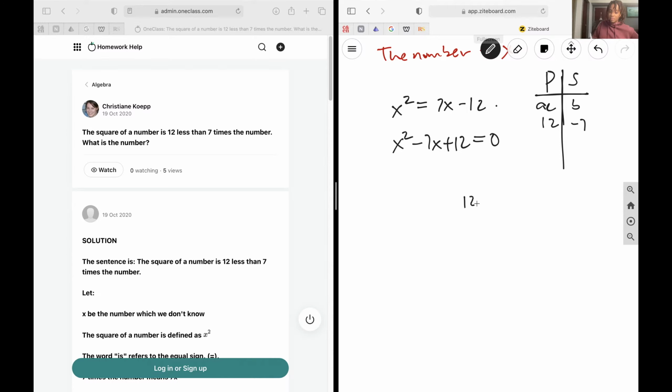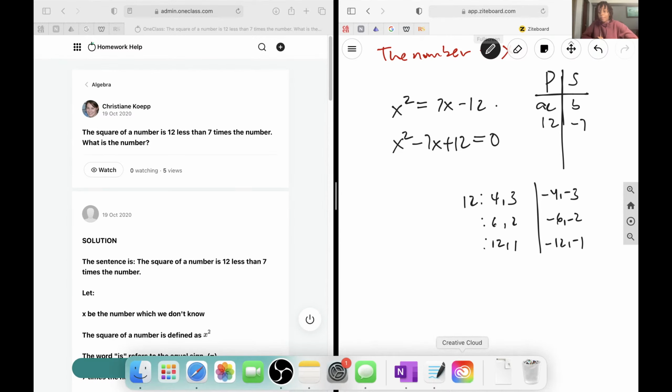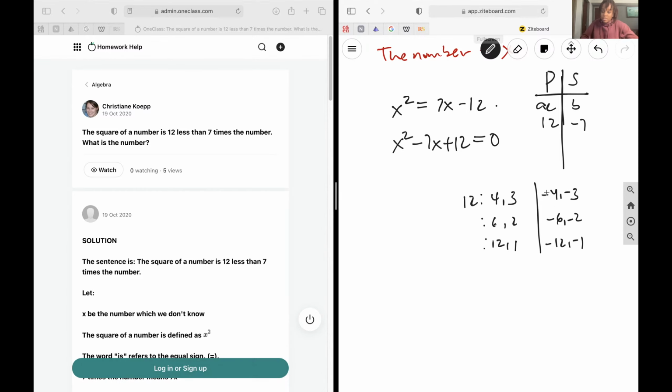The factors of 12 are 4 by 3, 6 by 2, 12 by 1. Okay, and please note that this also includes negative 4 by negative 3, negative 6 by negative 2, negative 12 by negative 1. So can I add any of these pairs to get me negative 7? Yes, I can. I can already see it. Negative 4 plus negative 3 is negative 7.